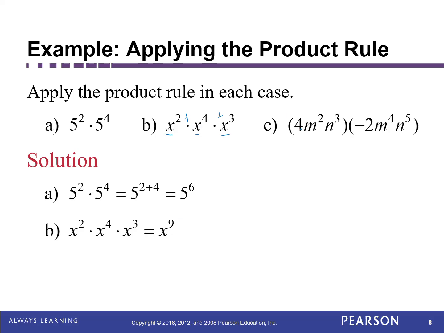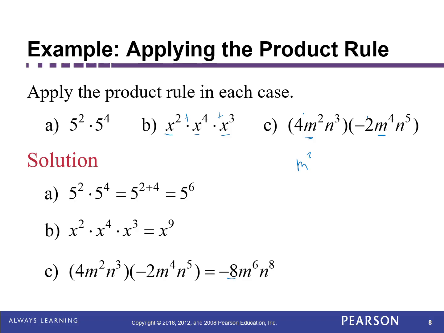Now on C, we get a little more complicated because we've got several bases here. Okay, now the first thing you'll notice is that we just go ahead and multiply out the regular numbers. So the regular numbers here, 4 and negative 2, 4 times negative 2 is negative 8. That's where that came from. But then we're able to combine the stuff with like bases here. I have an m squared and an m to the fourth.